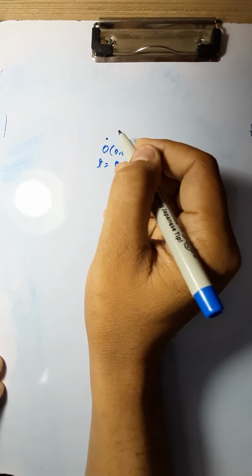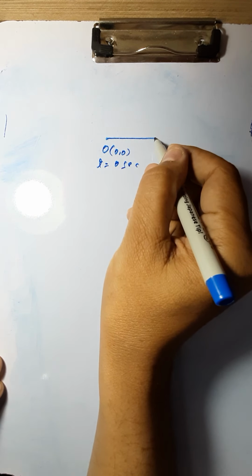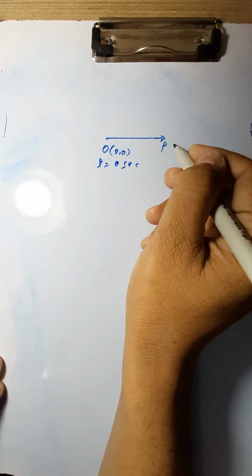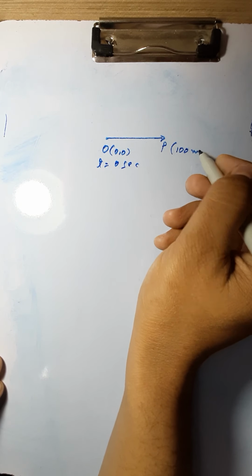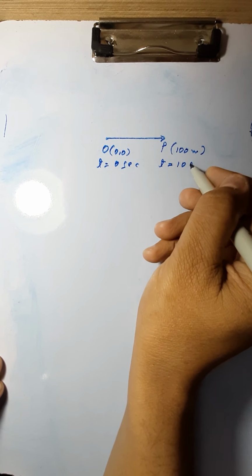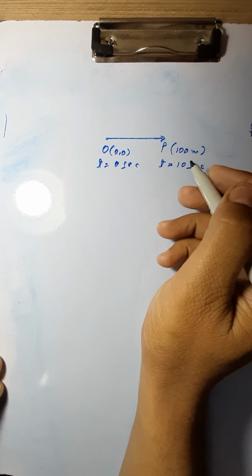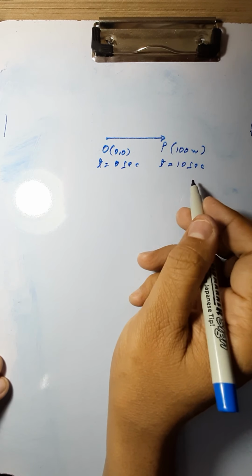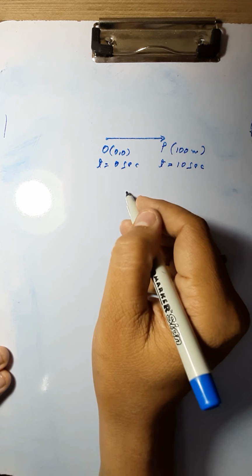Suppose the particle moves along a straight line to the point P, whose coordinates are 100 meter at time t equal to 10 seconds. So how will you draw the motion of this particle on the displacement time graph?